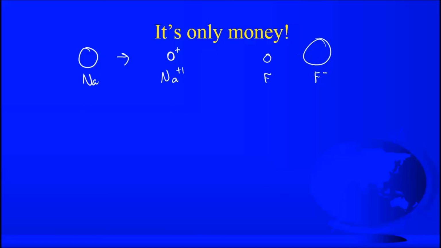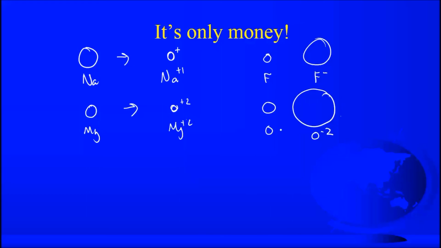What happens if magnesium loses two girlfriends? Serenity really likes it. What happens if oxygen gains two girlfriends?